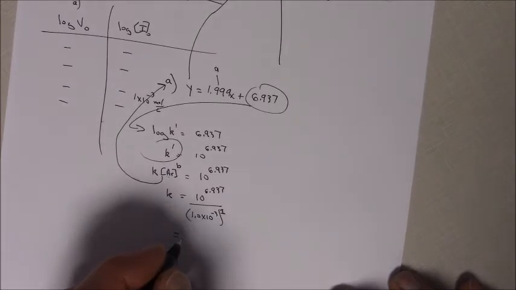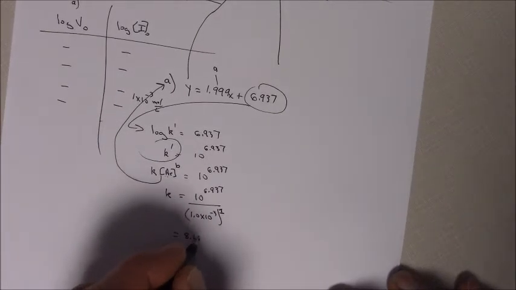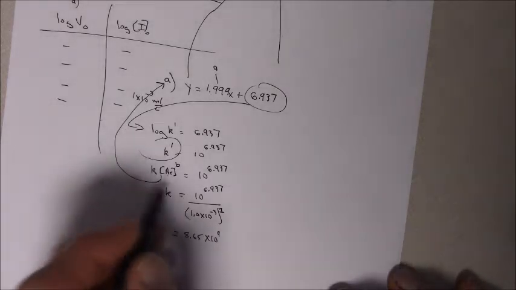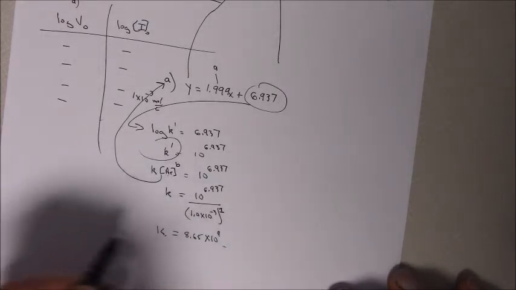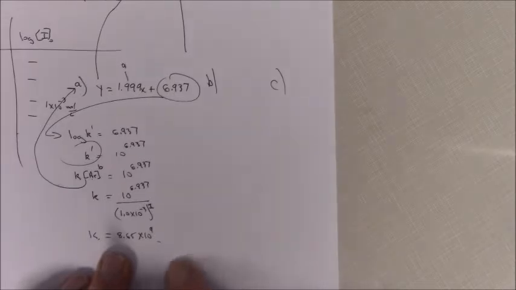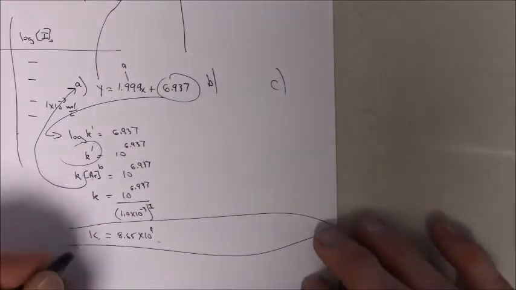So I'm getting a number that comes out to 8.65 times 10 to the 9th. And you can figure out the units of what it has to be. So for part B and for part C, you'll have 3 of these lines, and you'll get 3 of these answers for K, and then you can, at that point, report the average of K for A, B, and C.